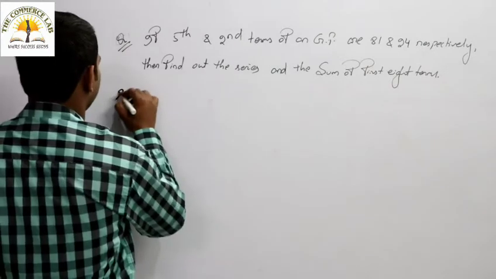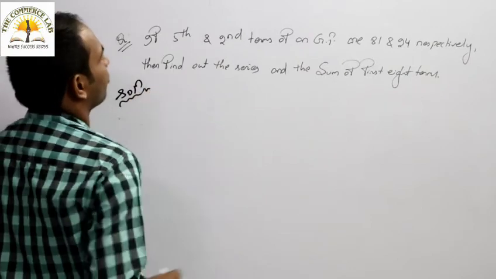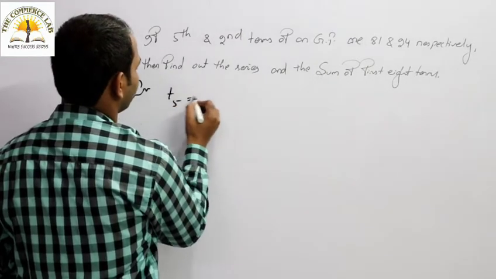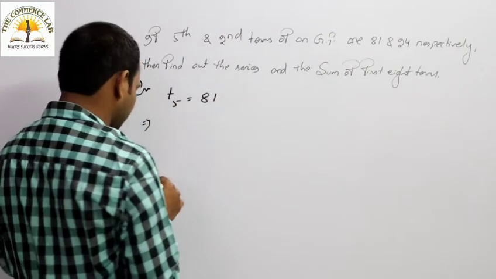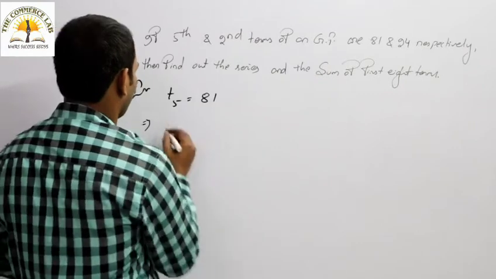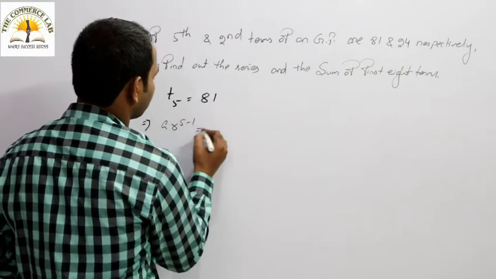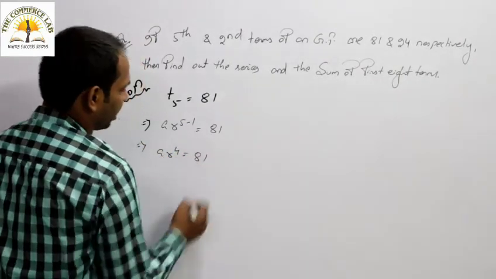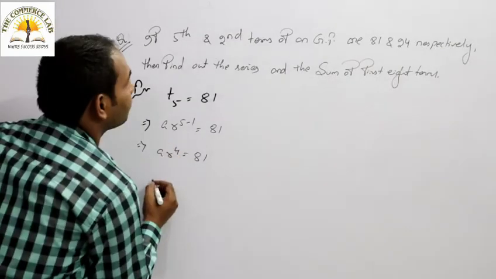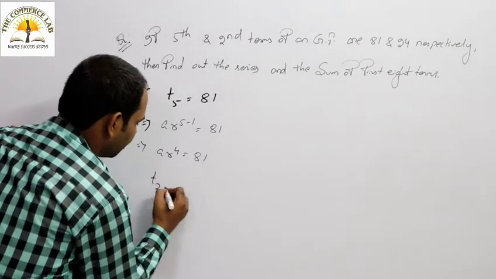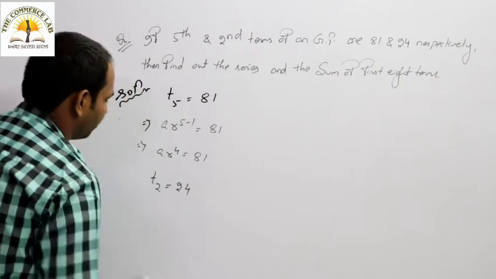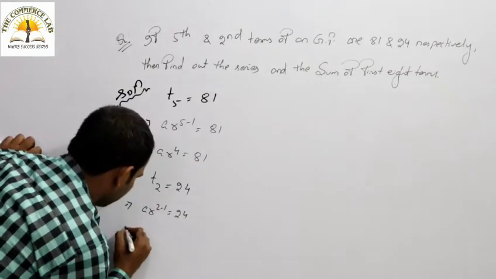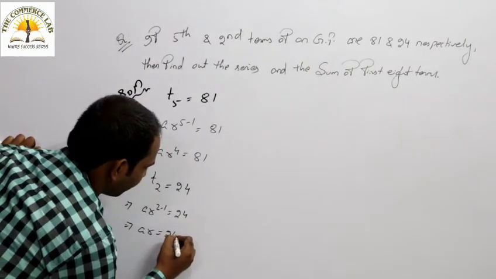So how to proceed? The fifth term of a GP is 81. So T5 is your 81. It can also be written as AR to the power n minus 1 is equal to 81, or AR to the power 4 is equal to 81. Second term of a GP, T2 is your 24. Then it can also be AR to the power 2 minus 1, AR is your 24.